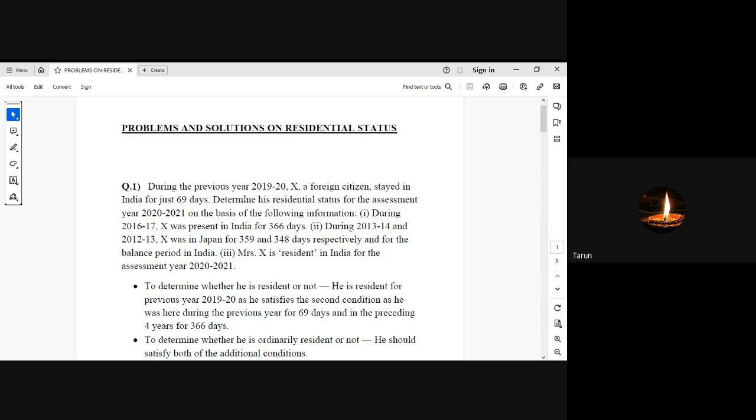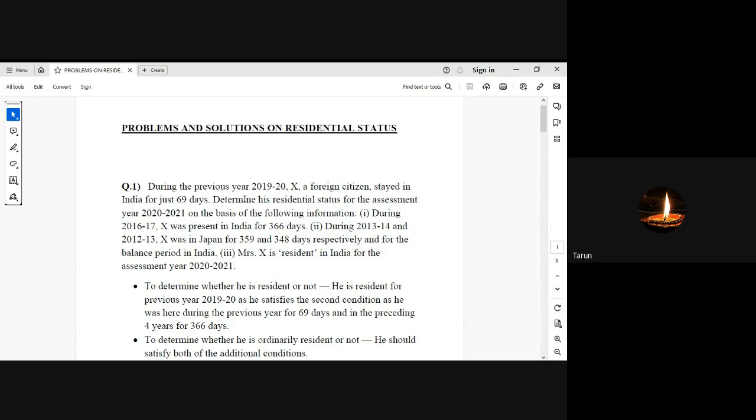X is a foreign citizen and he stayed in India for just 69 days. That means X has spent more than 60 days, so the second basic condition's first part, more than 60 days, is almost fulfilled.